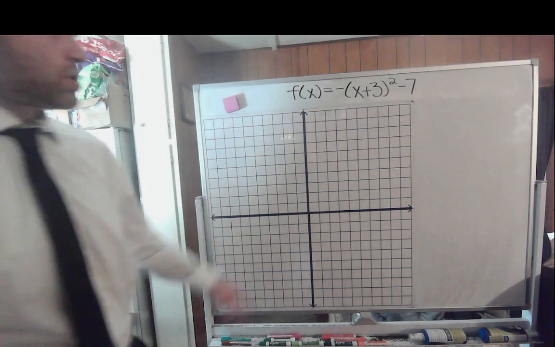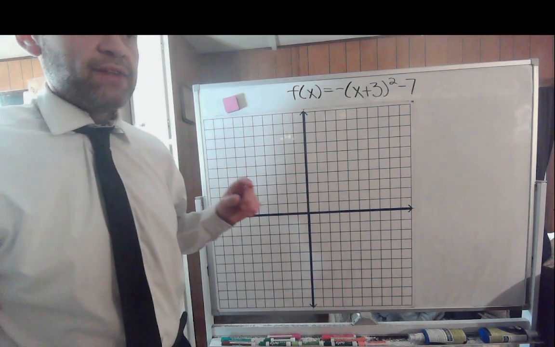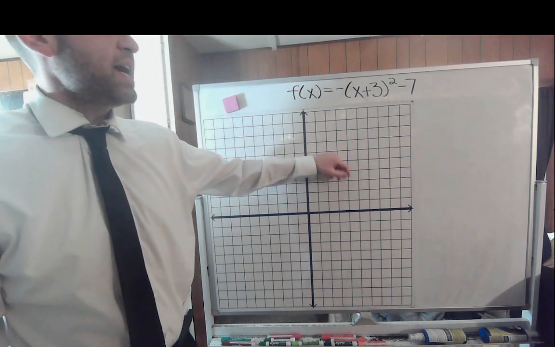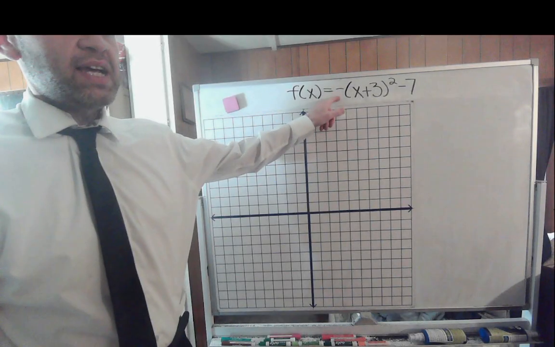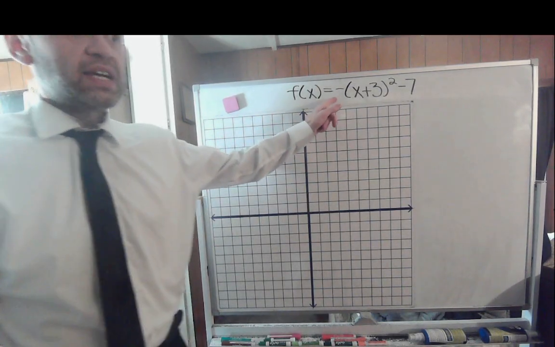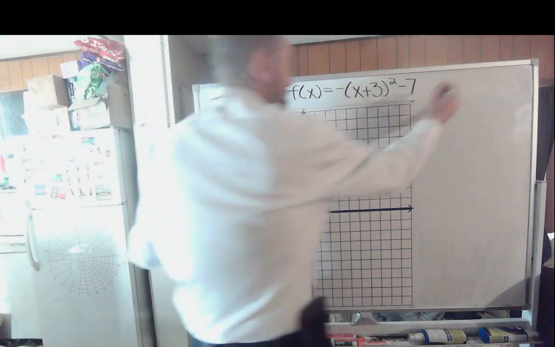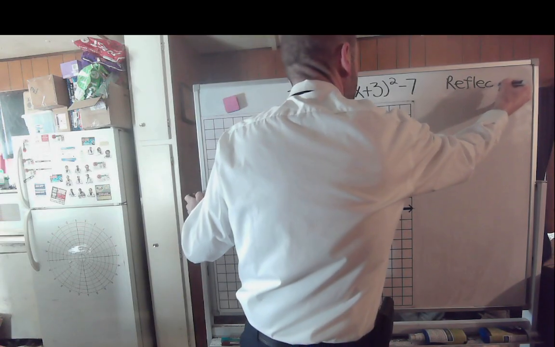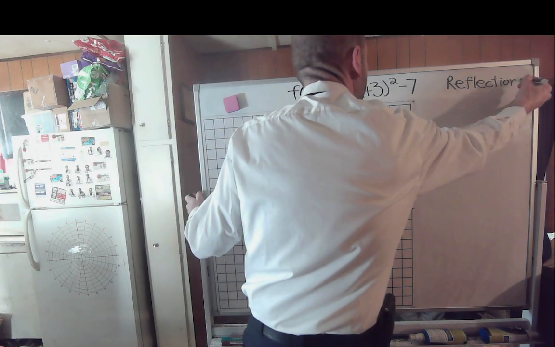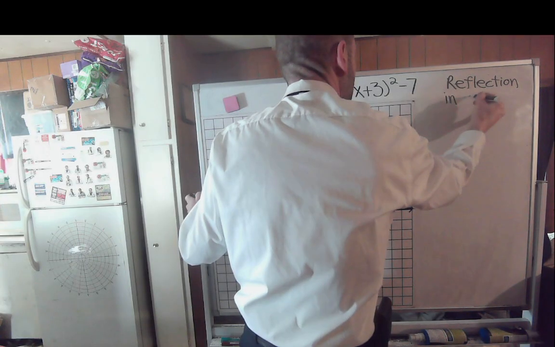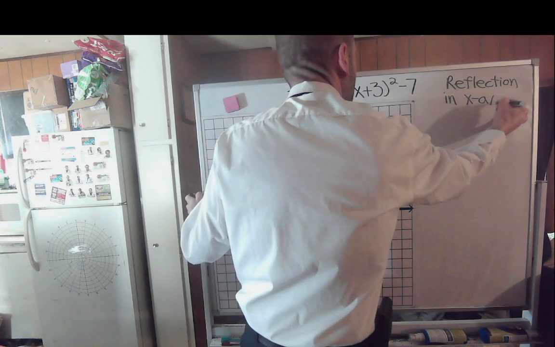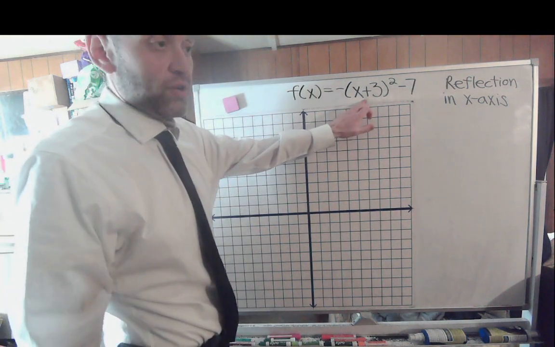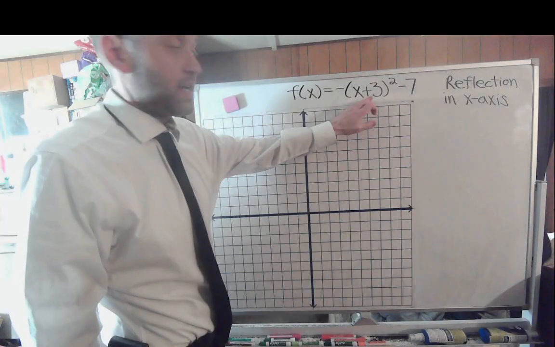Alright, so what's going on with the original graph of f of x equals x squared? Well, we definitely have a reflection in the x-axis, right? Since the negative sign's outside the parentheses. For starters, we'll have a reflection in the x-axis. Alright, what else? Now, go inside the parentheses, you have x plus 3, that quantity squared.